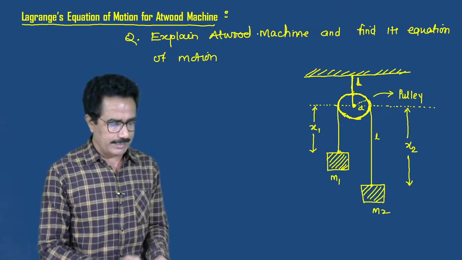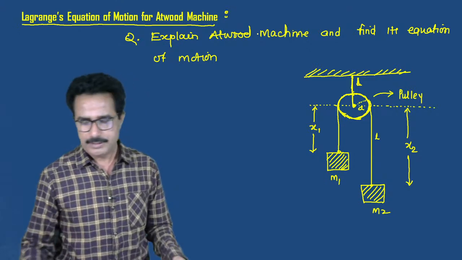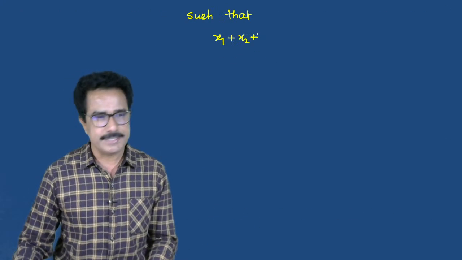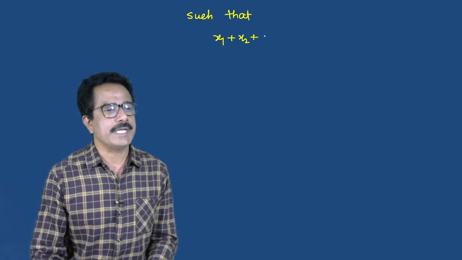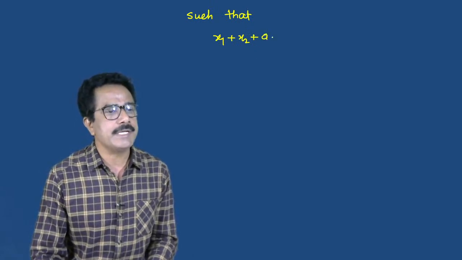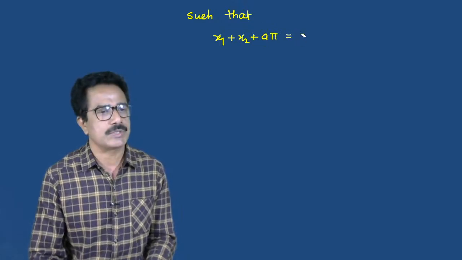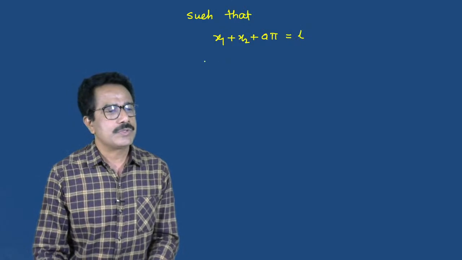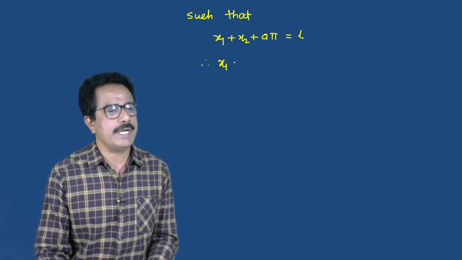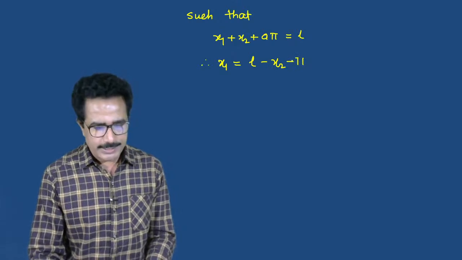So we can write this as x1 plus x2 plus pi a, which is equal to L. So we can write x1 is equal to L minus x2 minus pi a.